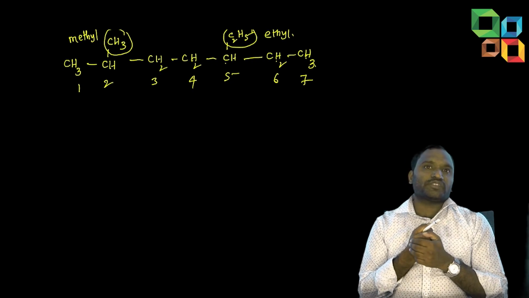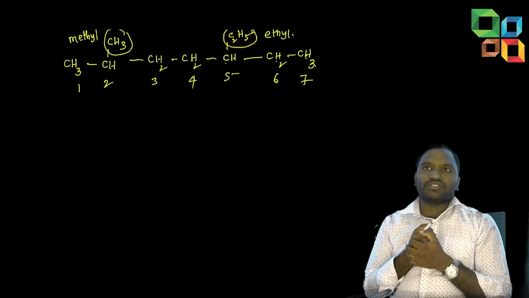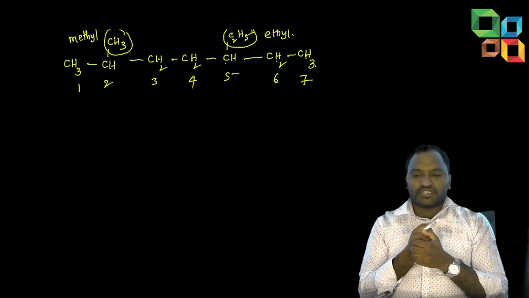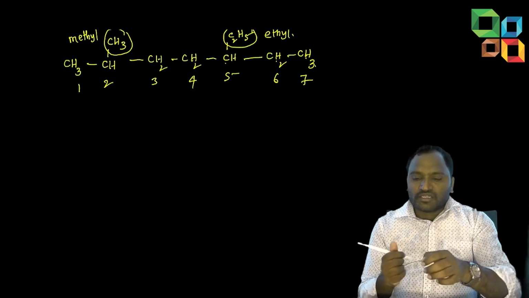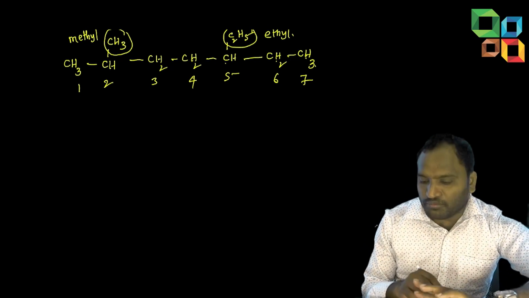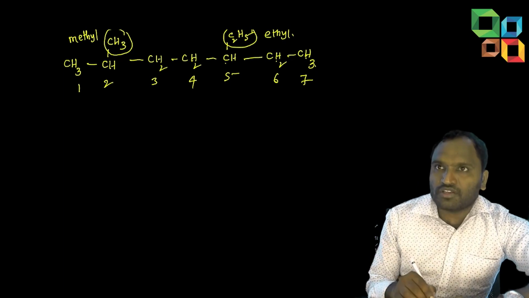Two different substituents are there in different locations. One name is methyl, another one is ethyl. In that case, irrespective of numbers, you arrange in alphabetical order.